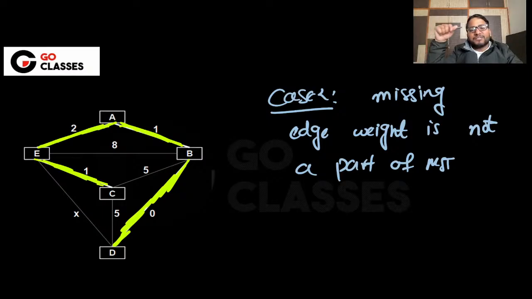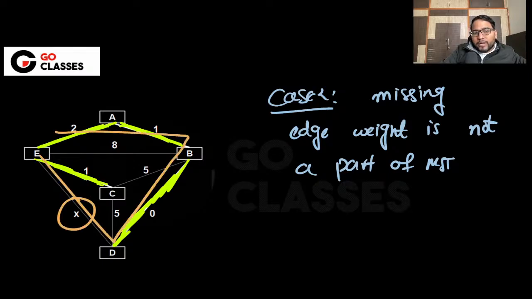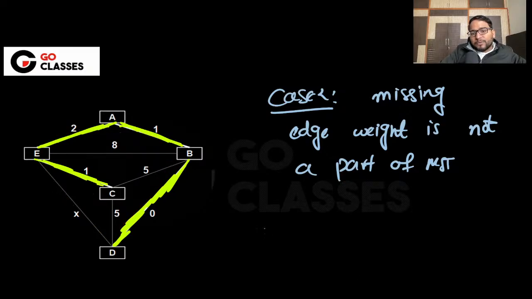See, the cycle it is forming with X, the heaviest edge in it is 2. So X cannot be lesser than 2, isn't it? The moment it is lesser than 2, it forms a cycle with this, and then 2 cannot be part of the MST. So X must be the heaviest on the cycle, which means X must be greater than or equal to 2.